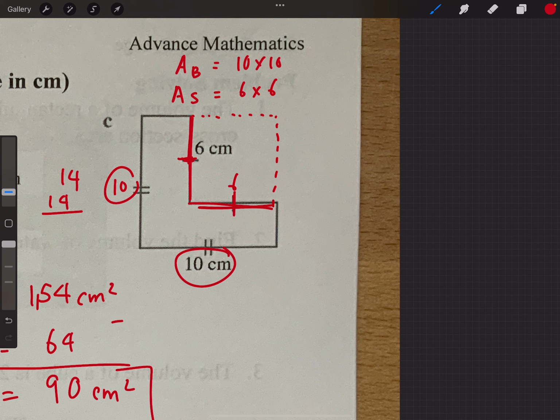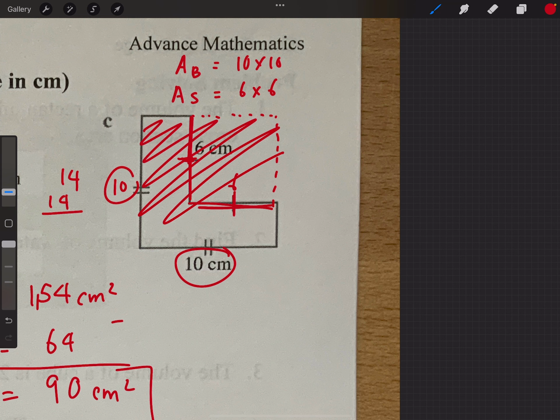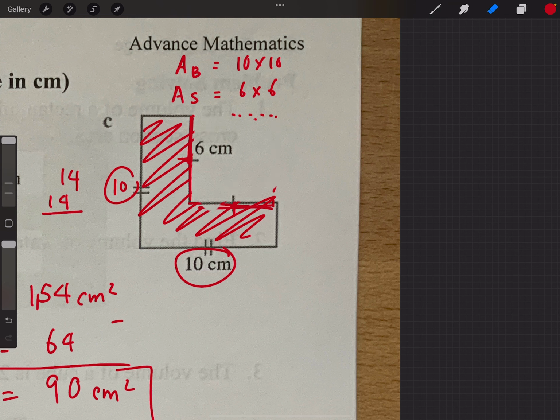So we find the area of the big piece, take away the area of the small piece, and you'll get the remaining area, which is all of this stuff in here. So you can work out this one by yourself. Get the answer there, get the answer for the other one, take away, and you get the final area, which is down here. It'll be in centimeters squared.